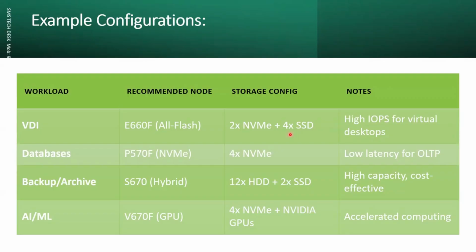For database, you can go for P series. For backup, where I'm going to store a huge amount of data, which might be in terabytes, you can go for S series, especially for storage purposes. For artificial intelligence and machine learning, where GPUs are used, you can go for V series, V670F.